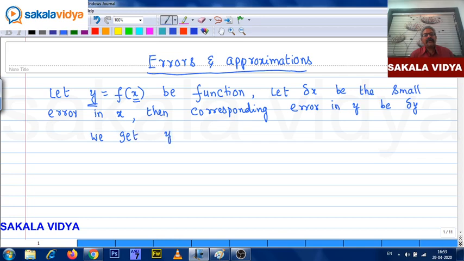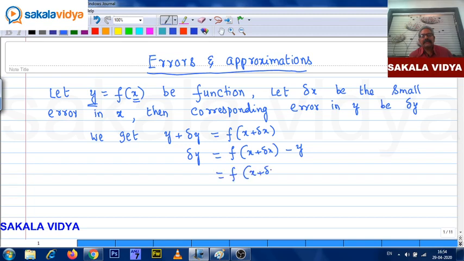So we get y plus delta y is equal to f of x plus delta x. Now delta y is equal to f of x plus delta x minus y. Y is nothing but f of x. So f of x plus delta x minus f of x.